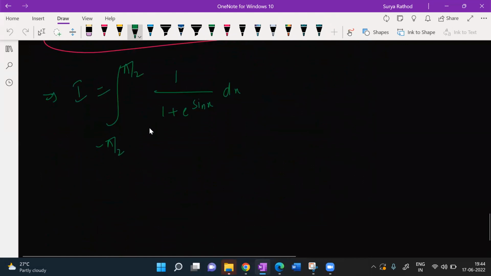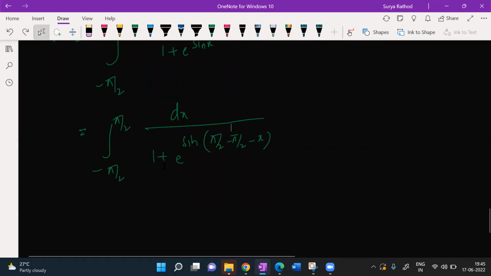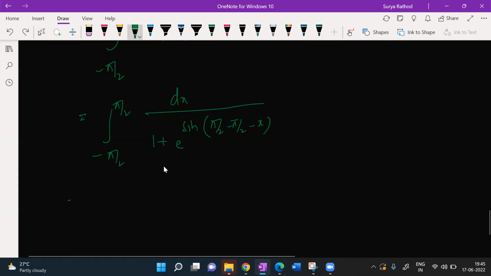Whenever you get this type of question, with limits minus pi by 2 to pi by 2, that x can be replaced, I'm adding and subtracting pi by 2, by minus x. Now what happens if we do this?